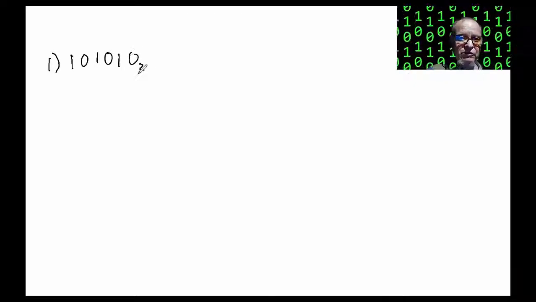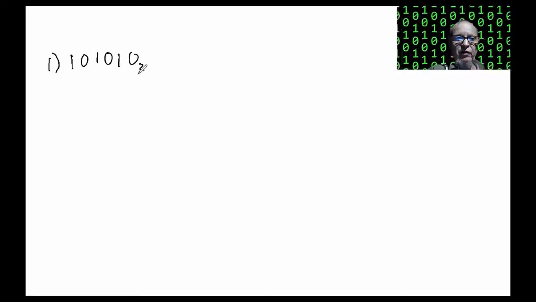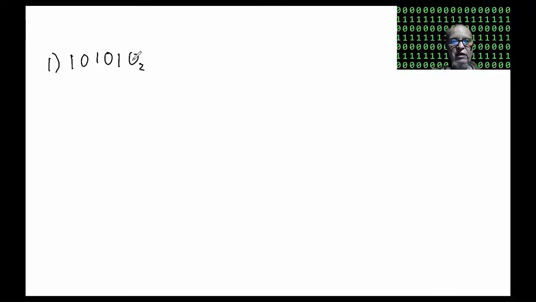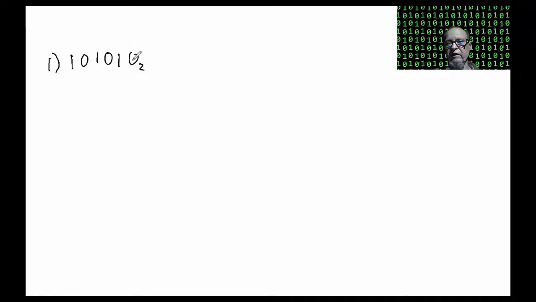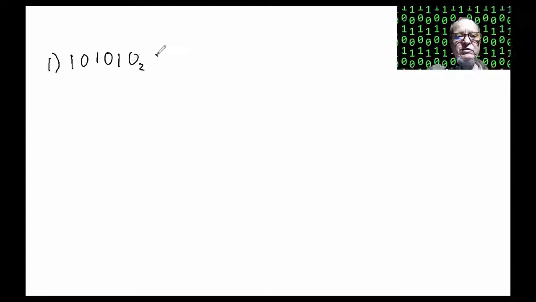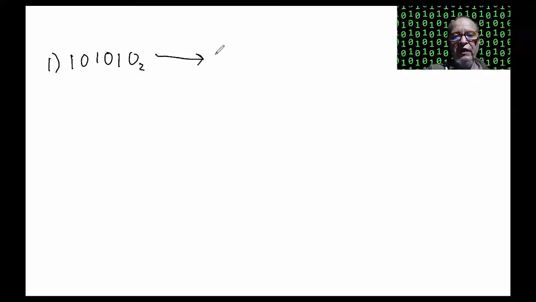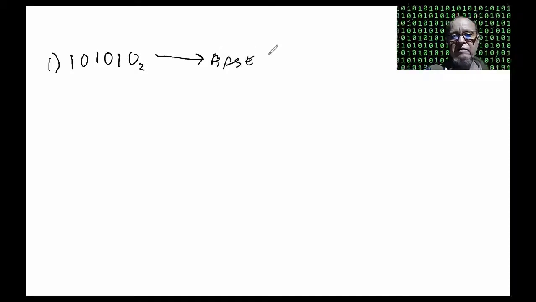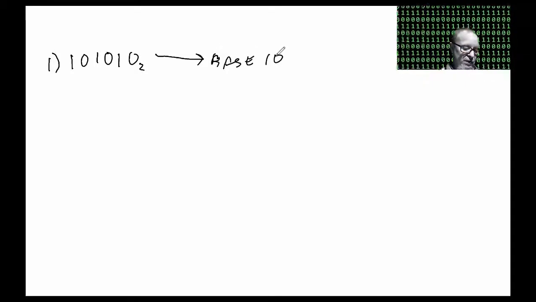And it's base 2, which means that it's binary, and you can tell because there are only zeros and ones here. They're not counted like 10,000 or 101,000 or anything like that. They're just called 1, 0, 1, 0, 1, 0. So we want to convert that into our base 10.